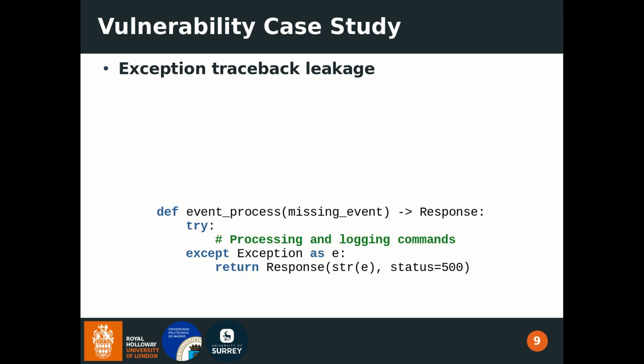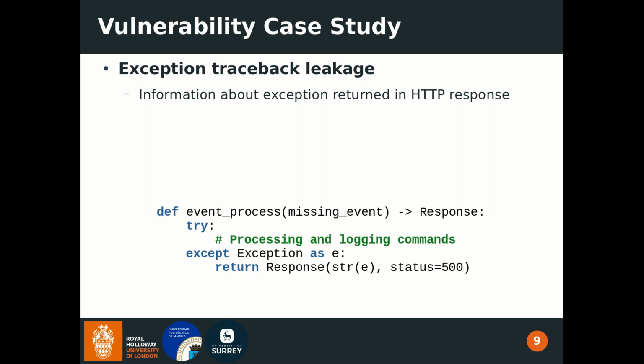The code shows a function and runs a set of commands after the try statement. If an exception is raised during their execution, the traceback object E, which contains detailed information about the exception, is returned as part of the HTTP response.